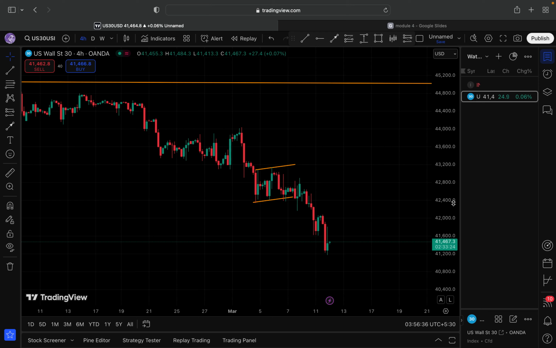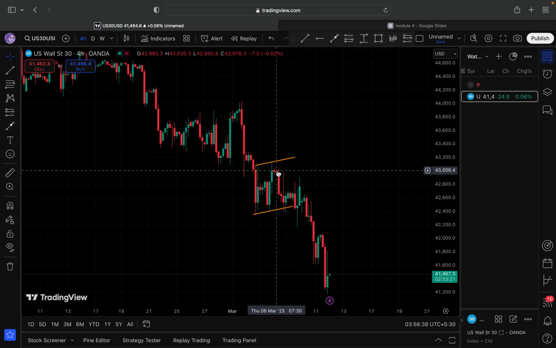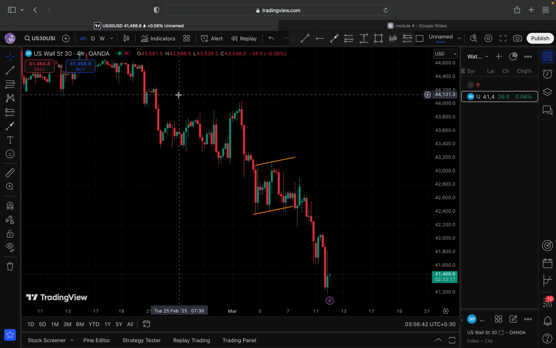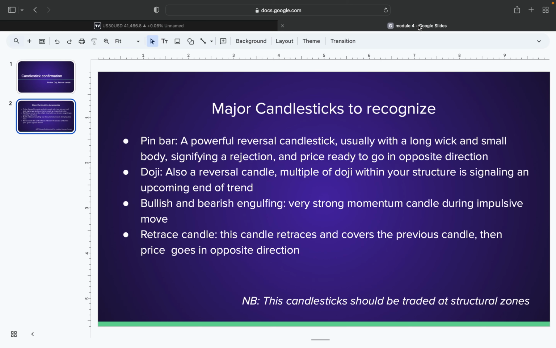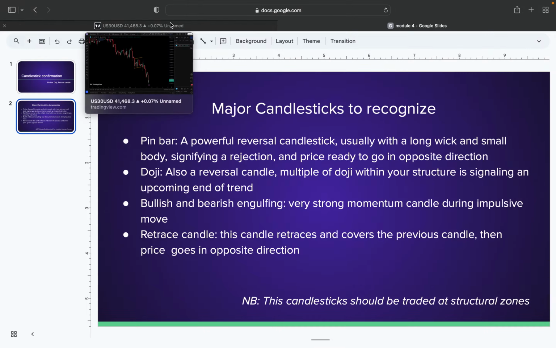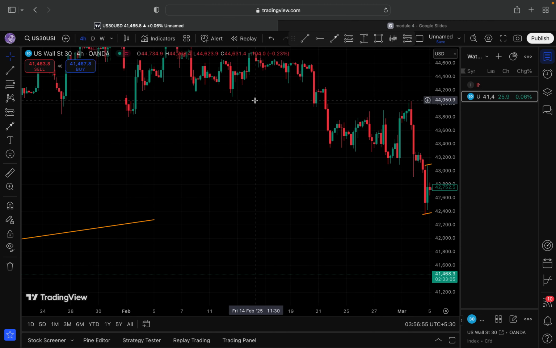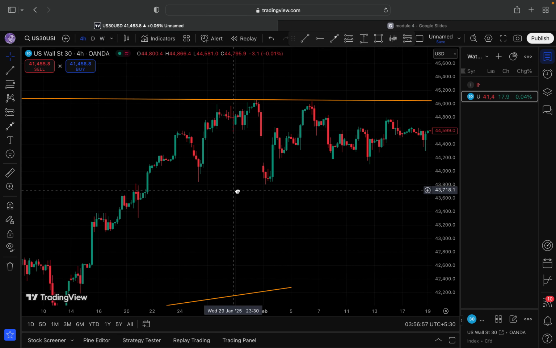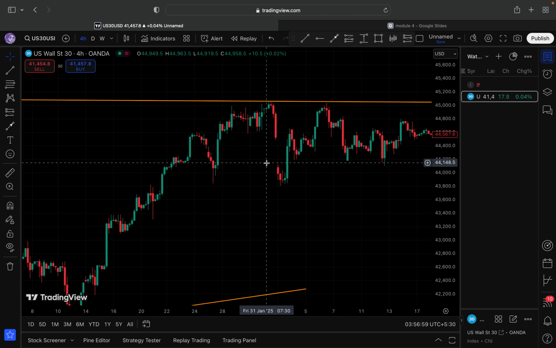Remember, on the lower time frame, this was a doji, the reversal candle. It has a small body. That's what it looks like. And when you see multiples of this doji within your structure, it is good to be aware that the market is about to change direction.